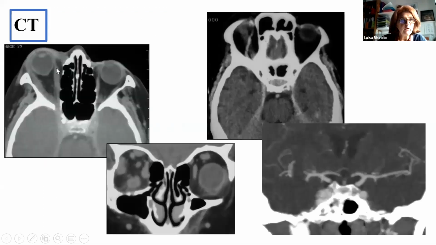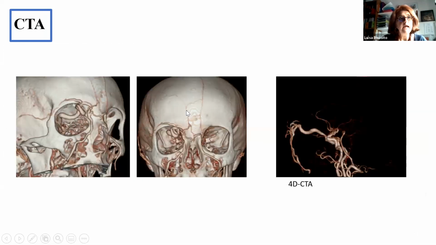In CT, we see here the proptosis, and we see the dilated extraocular muscles of the orbit. In the coronal, it's very good to see the dilatation of the muscles and dilatation of the vein. Here we see dilatation of the vein, and the dilatation also of the cavernous sinus here. So these are all signs that we can see.